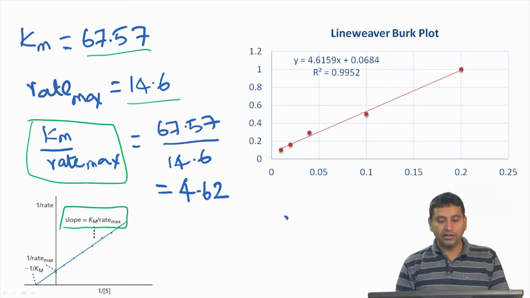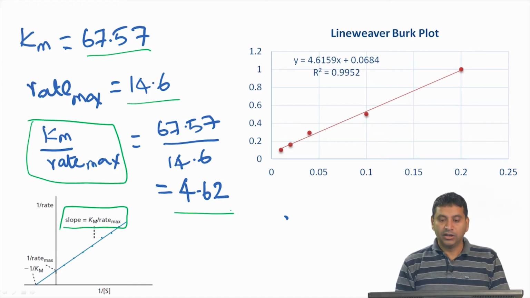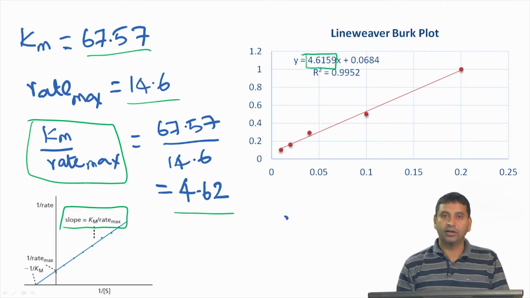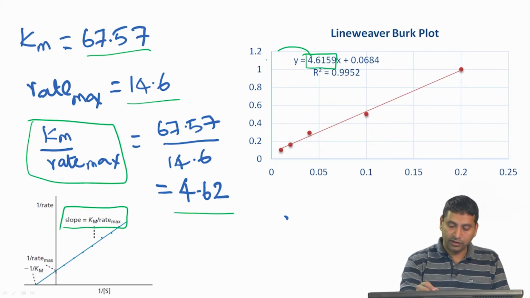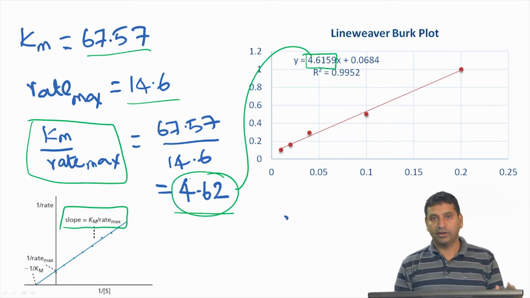If I divide these two numbers, I get 4.62. The slope that we obtained from curve fitting was 4.6159. These numbers are quite comparable, and therefore what we have done in this process is just to double check that we are doing the calculations correctly.